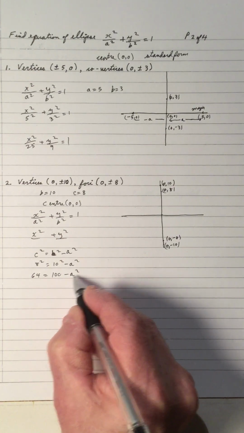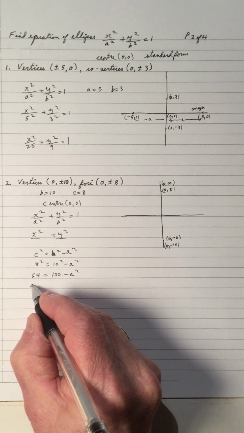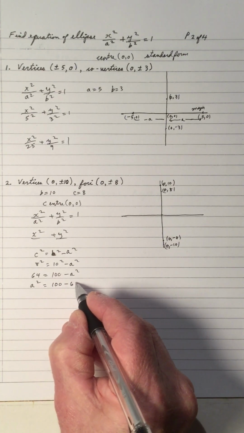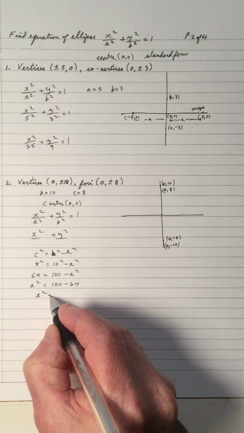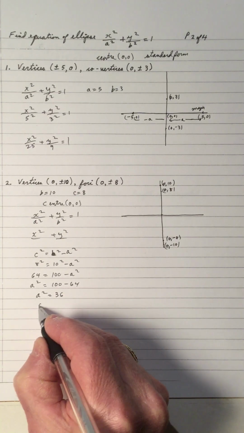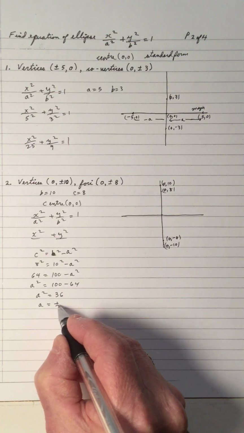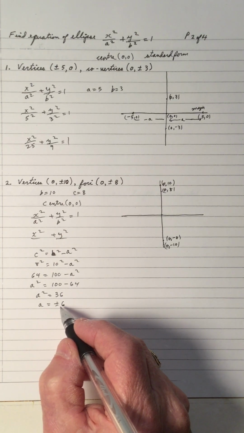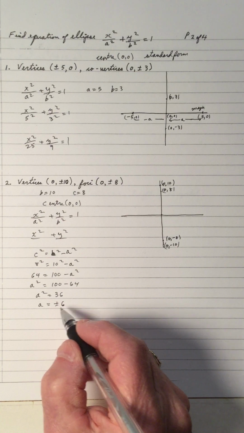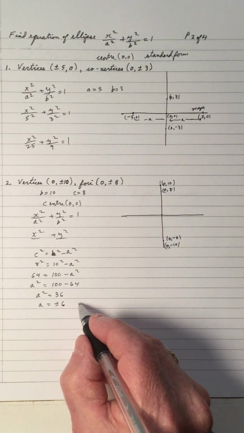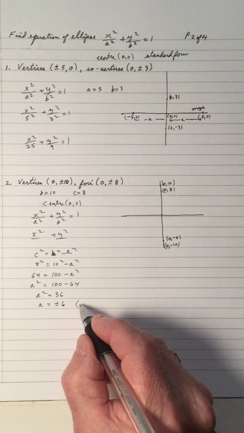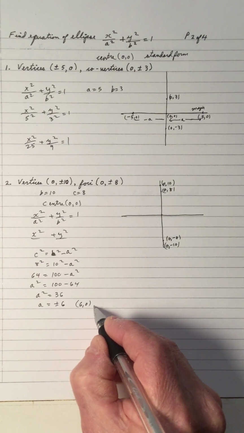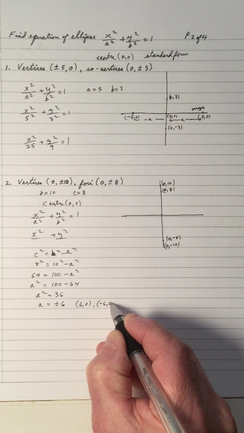64 equals 100 minus a squared. Move the a squared to the left to become positive and the 64 to the right to become negative, so a squared is 36. The square root of 36 is plus or minus 6, so a is 6. Those are the coordinates of the co-vertices on the x-axis, 6, 0 and negative 6, 0.